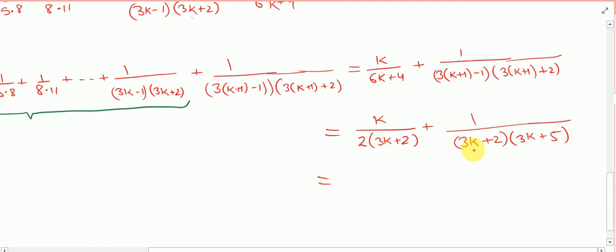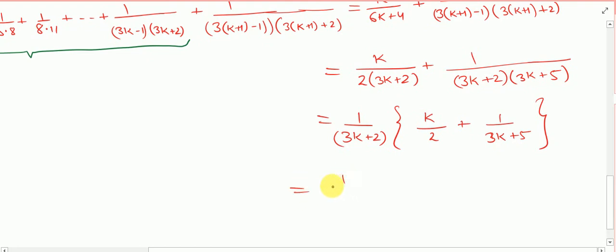So in the denominator, for both the terms you will see that 3k plus 2 is common, so I can take that out. So you are left with k upon 2, and here you are left with 1 upon 3k plus 5.